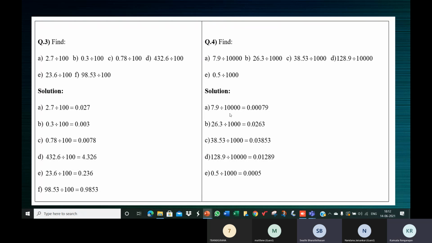Only 3 digits: 2, 6, 3. We have 3 digits, but we need 4 decimal places. So we write 0.0263, because we have these 3 digits, 263, but we need 4 decimal places. We have 263, add 1 zero, 0263, 0.0263. Yes, ma'am.